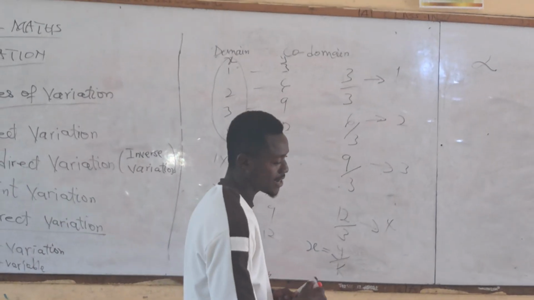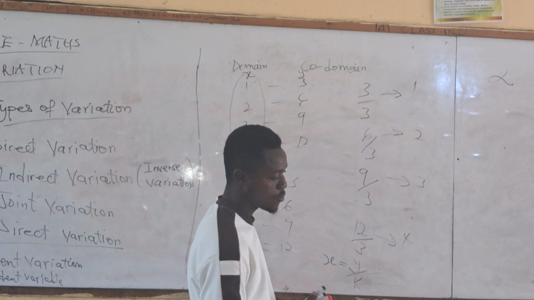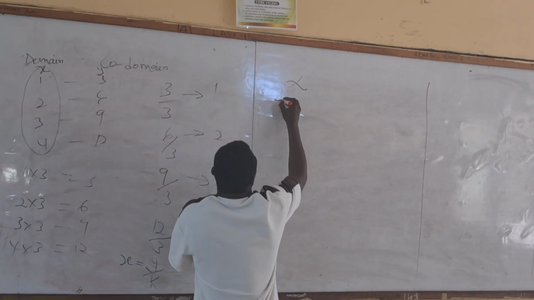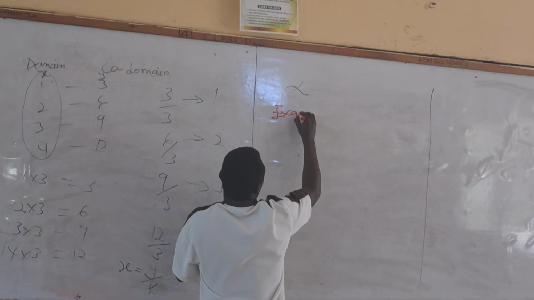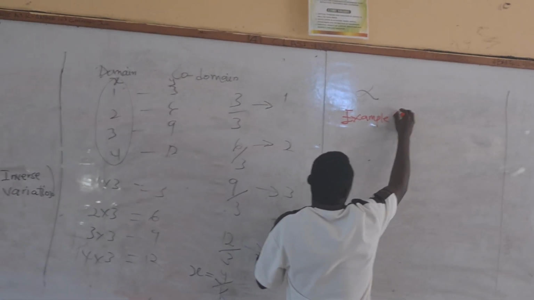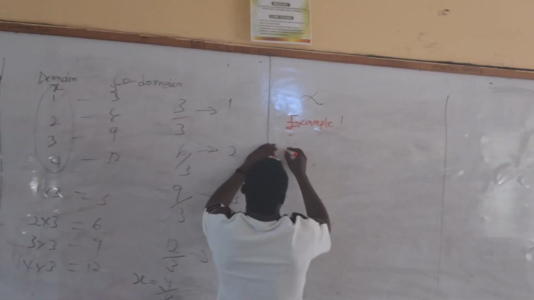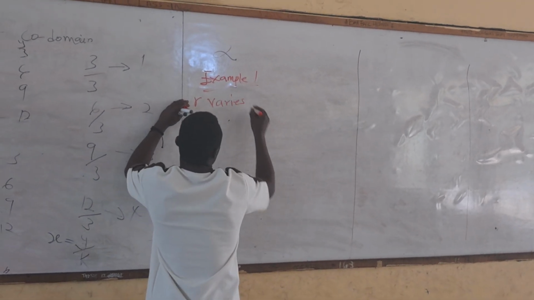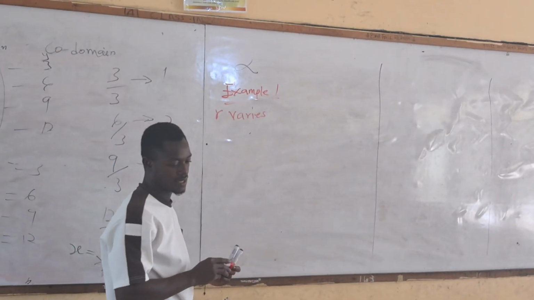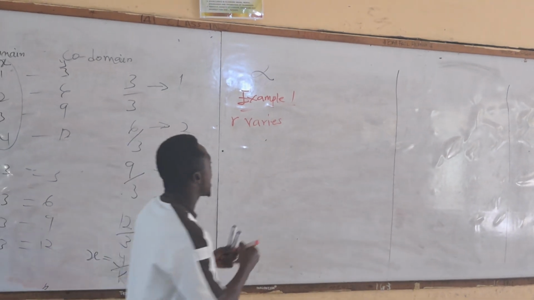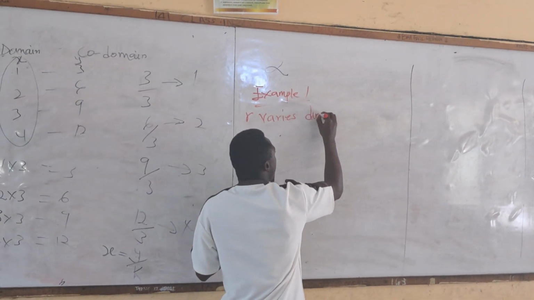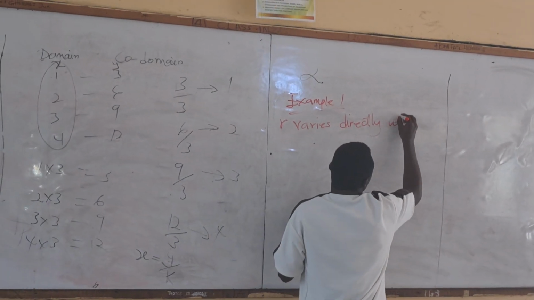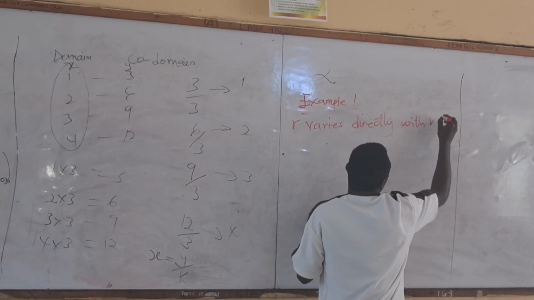So let's write a question, example 1. R varies directly, because we are dealing with direct variation, directly with V.